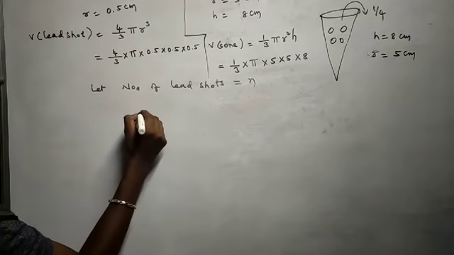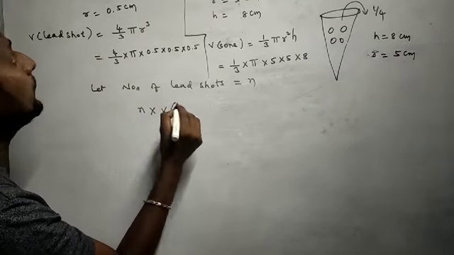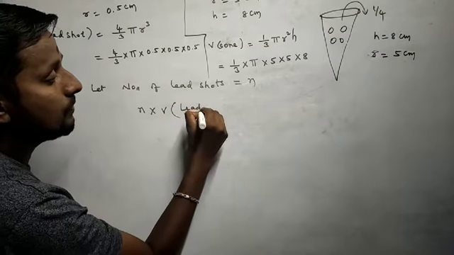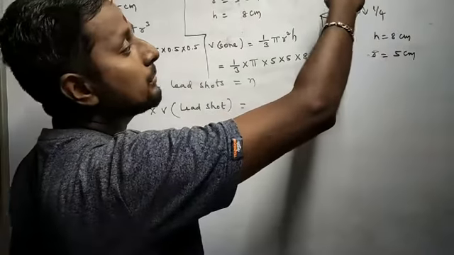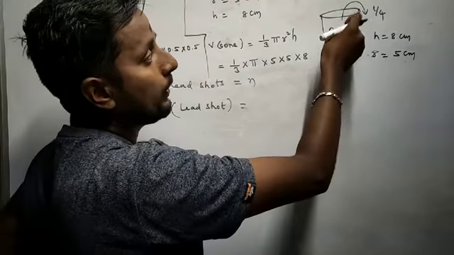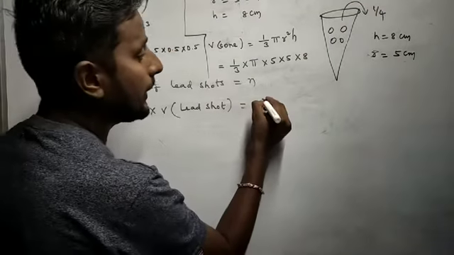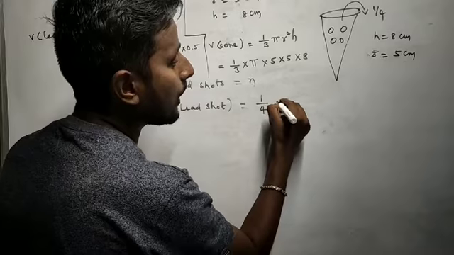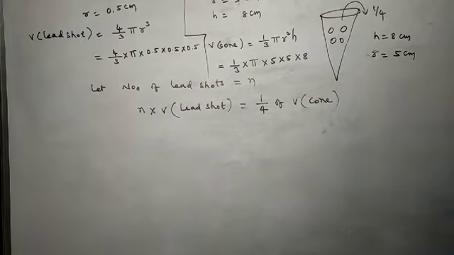So n into volume of lead shot. Then what happened when some number of balls were put in the cone, 1/4 of the water has come out. So simple, I'll write 1/4 of volume of cone, because only 1/4 of the water has come out, right?